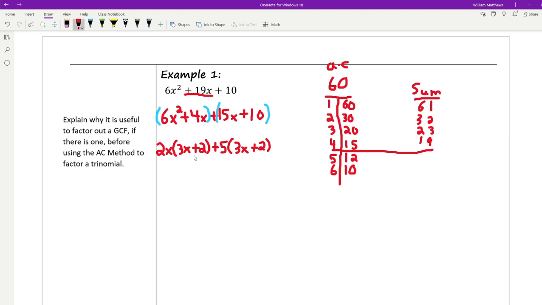When this happens, you can actually divide both pieces by the parentheses. I can divide this section and my second section by the expression 3x plus 2.